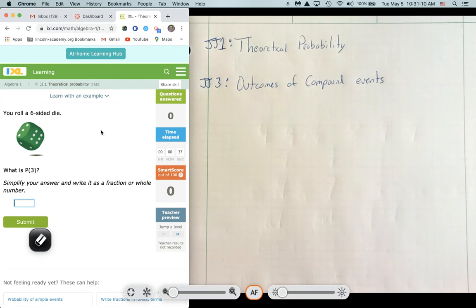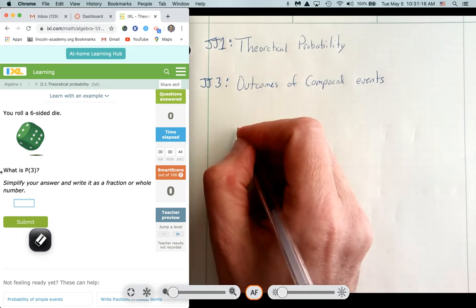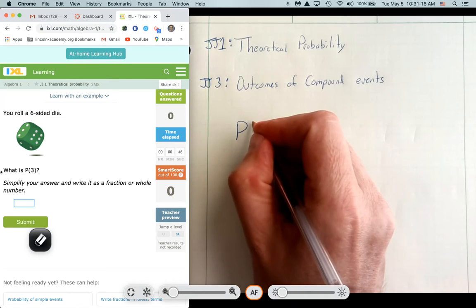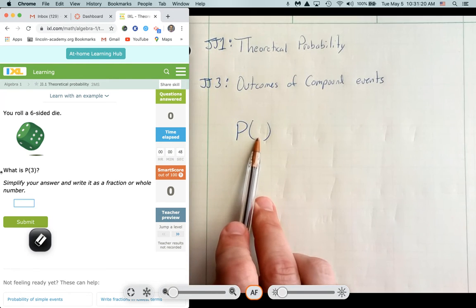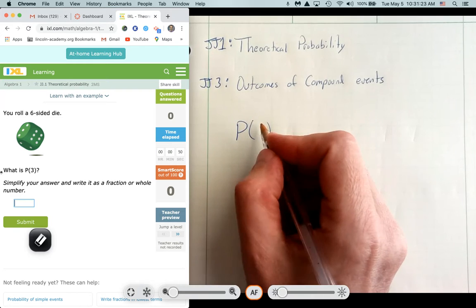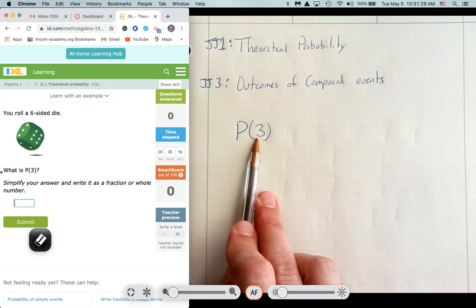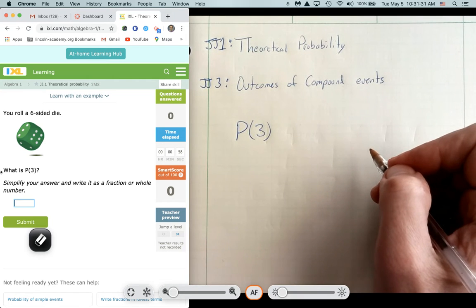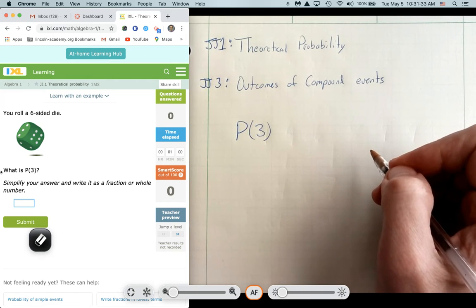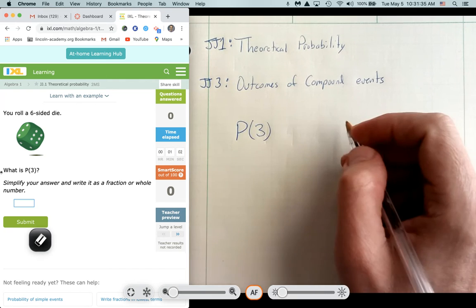The way probability is stated is it's written like this, where P means I want to know what the probability is, and then in parentheses is what we want to know the probability of. So if we're rolling that six-sided dice, this statement says, what is the probability of rolling a 3? The first thing we need to realize is what the possible outcomes are when we roll a six-sided dice.